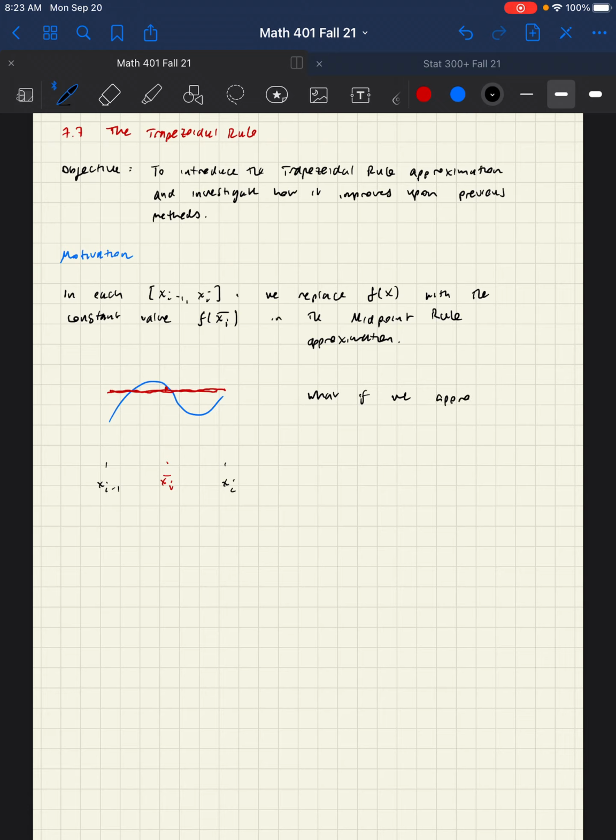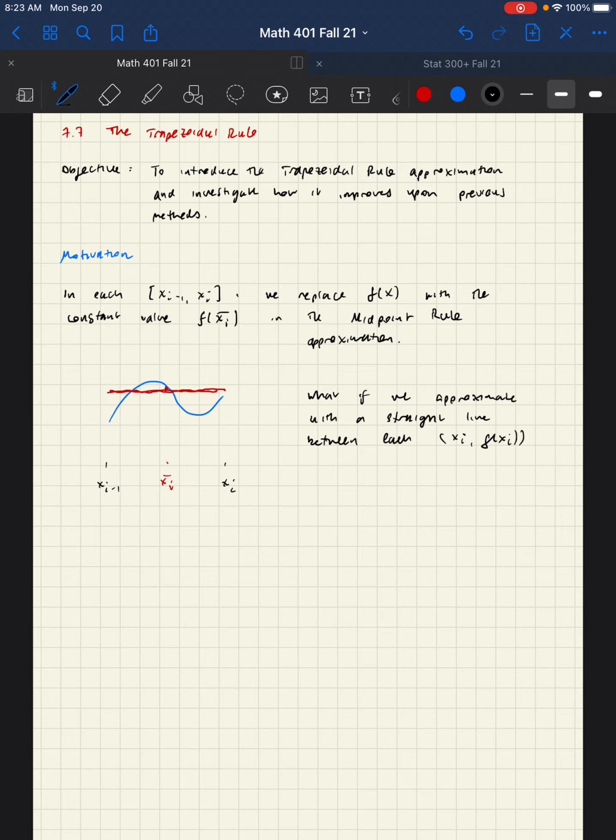Well, we can do better. What if, instead, we approximate this function f with a straight line, not necessarily flat across the way, like it could have a positive or negative slope, between each function value point at the subinterval nodes.